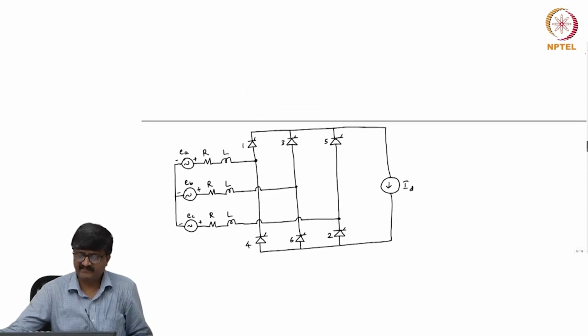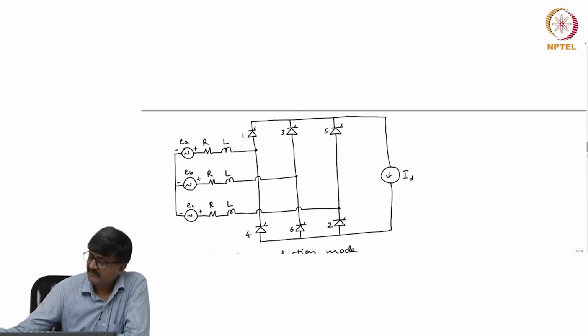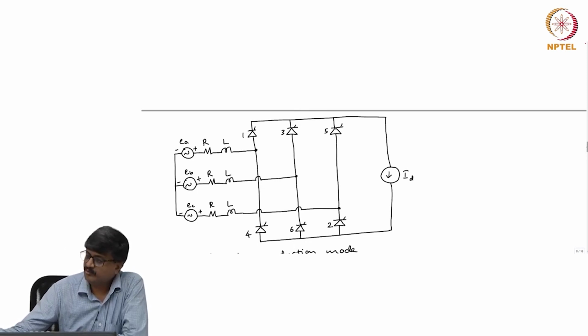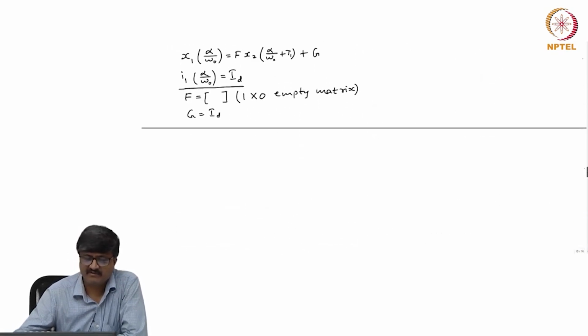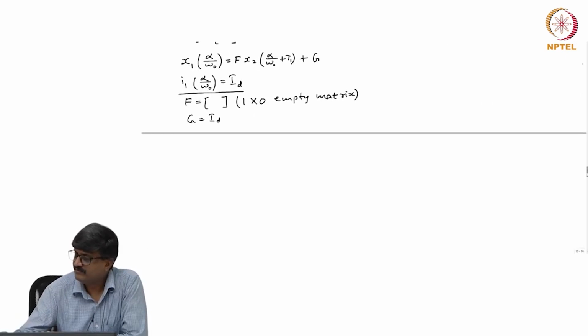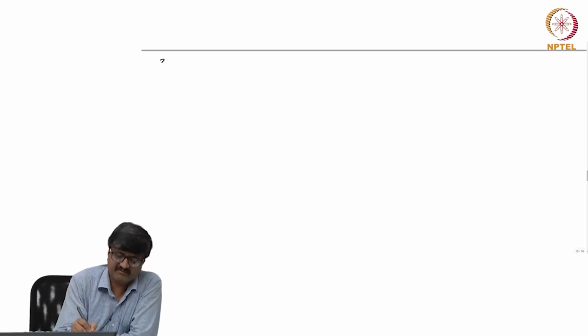Now, if I take this same circuit and try to see what are x1, x2, A1, U1, A2, U2, f and g for the 3 and 4 valve conduction mode. Suppose I consider 3 and 4 valve conduction mode.